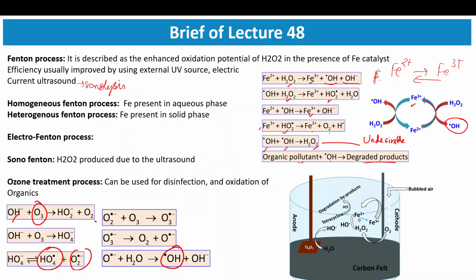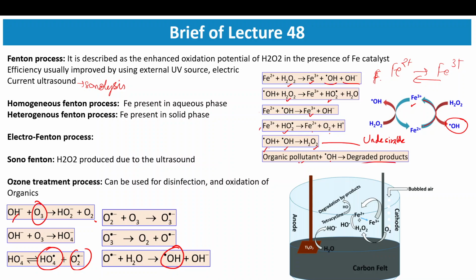You can combine two processes to enhance the effectiveness, right? So that is how it works. And again, you can have homogeneous Fenton process or heterogeneous Fenton process depending on whether the iron that you are using is in aqueous or in solid phase. In solid phase it will be in the form of oxides or iron metal, and basically it will be the catalyst that you can use for the process to take place.